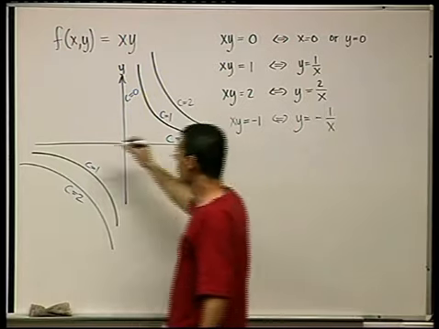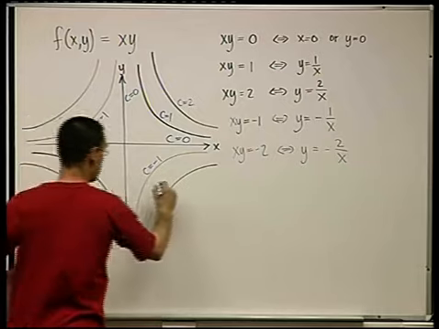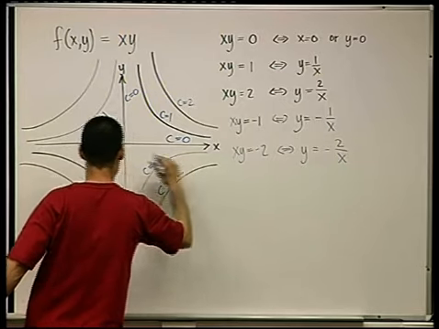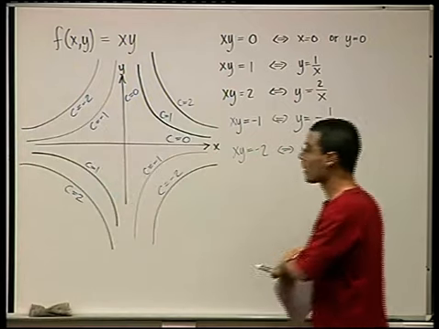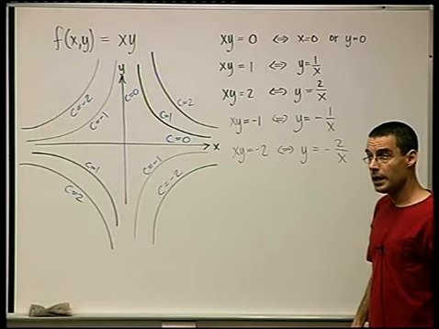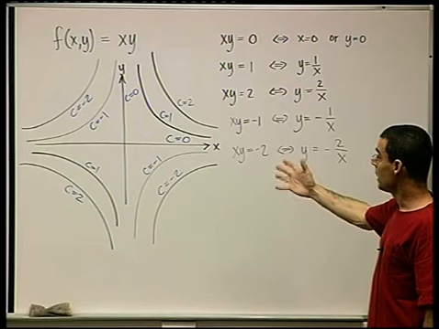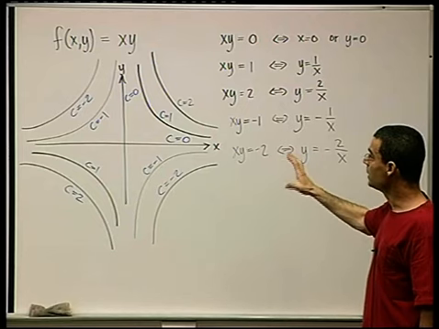And likewise, xy is going to be negative 2 if and only if y equals negative 2 over x. And those are going to look like this. So these are the points where the value is negative 2.